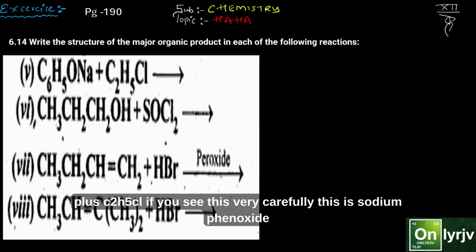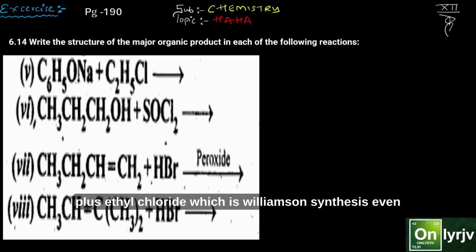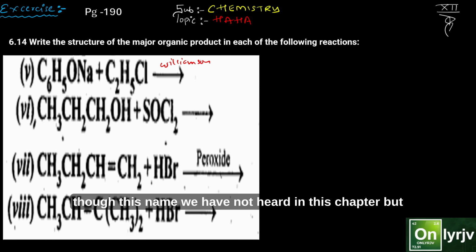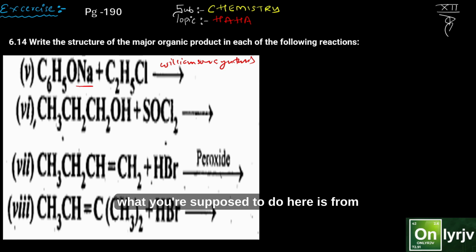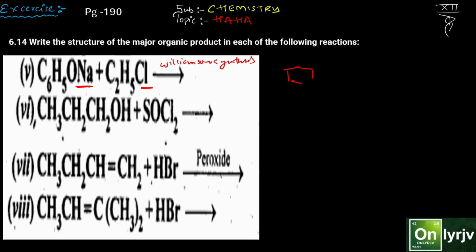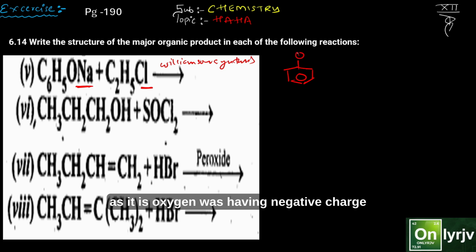C6H5ONa plus C2H5Cl. If you see this very carefully, this is sodium phenoxide plus ethyl chloride. This is the Williamson synthesis. Even though we have not heard this name in this chapter, what you are supposed to do here is, from Na and here NaCl, whatever is left behind, just combine them. So C6H5O as it is.